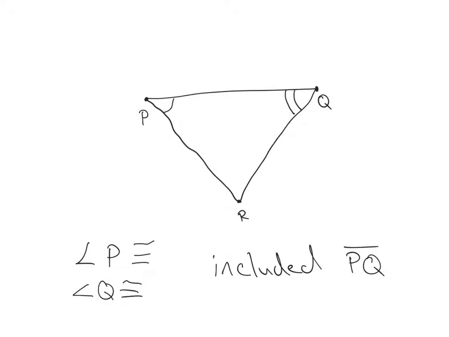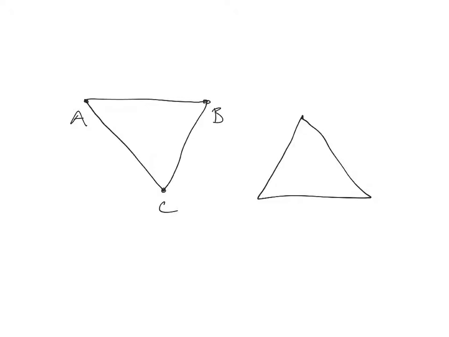So just know the term included side, which brings me to the point about this idea of two angles and a side, and that is we can prove congruence between two triangles, let's say A, B, and C, and triangle D, E, and F by using two angles, A and D, F and B, as long as we also have the side between them, in this case AB and DF, or the included side.